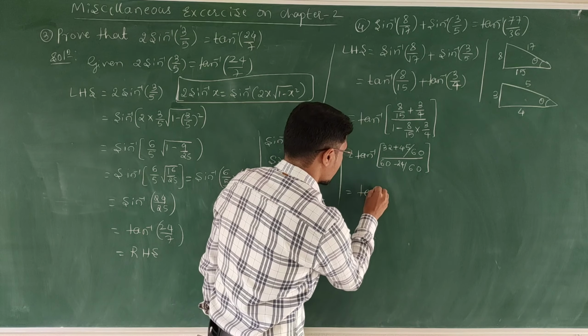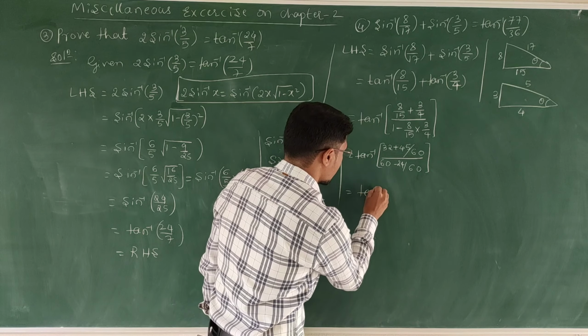Instead of cos inverse 12 by 13 we can write sin inverse of 5 divided by 13. So this is equal to the sin inverse of 5 divided by 13 plus sin inverse of 3 by 5.